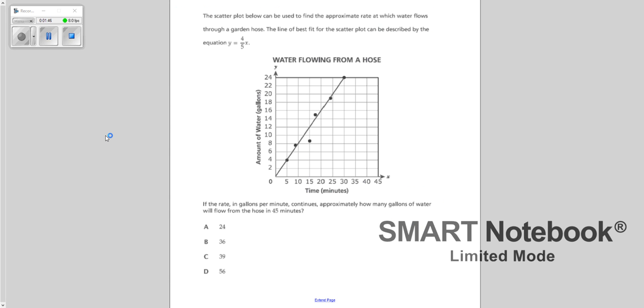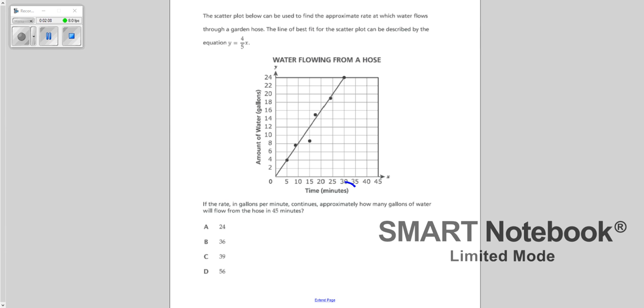Number 3, the scatter plot below can be used to find the approximate rate at which water flows through a garden hose. The line of best fit for the scatter plot can be described by the equation y equals 4 over 5x. If the rate in gallons per minute continues, approximately how many gallons of water will flow from the hose in 45 minutes?